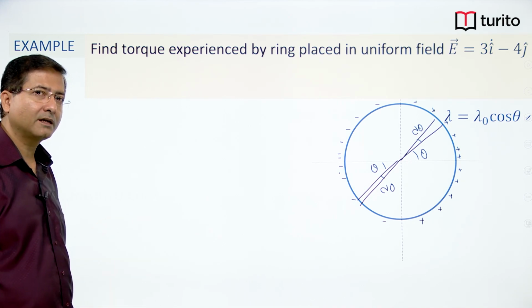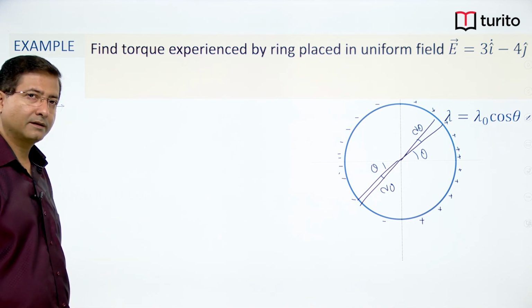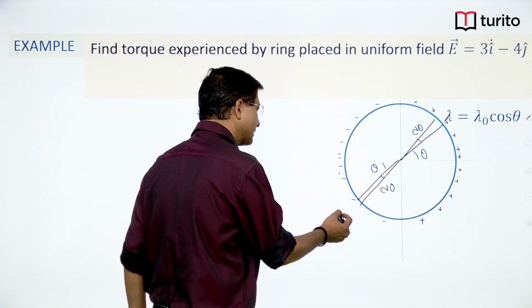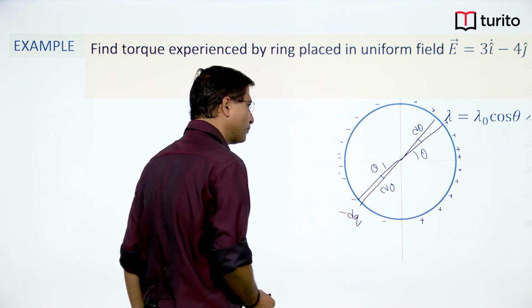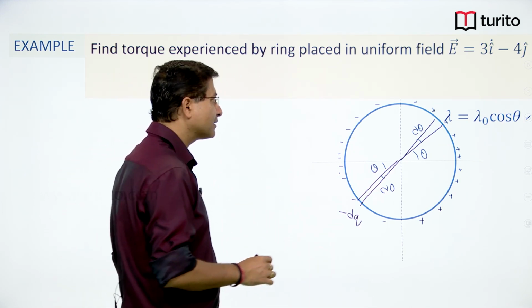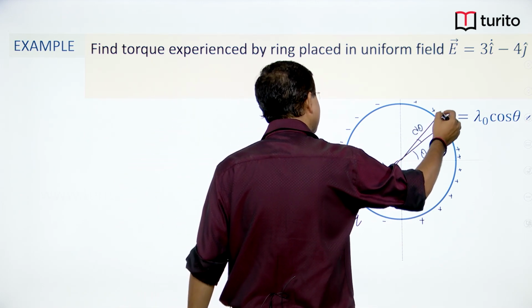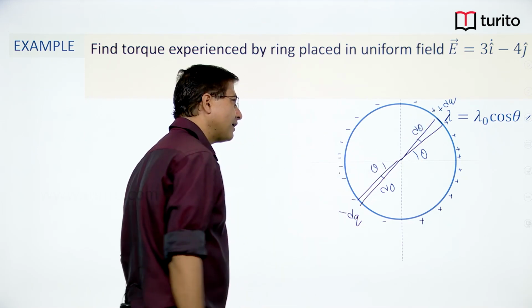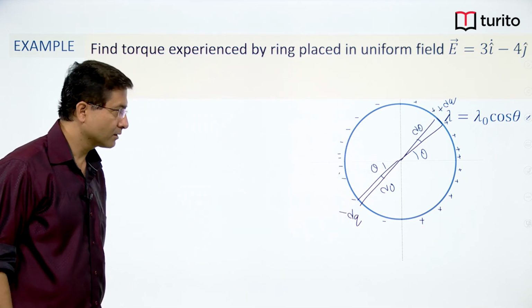Cos 180 plus theta and cos theta, right, same value. So here this will play the role of the negative charge of the dipole, and this part will play the role of the positive charge of the dipole, and this combination will behave as a dipole, right.